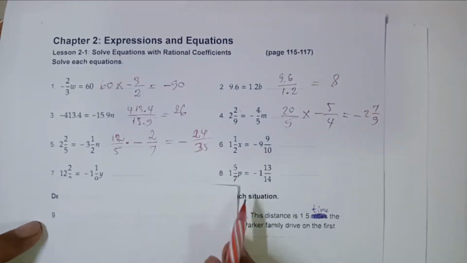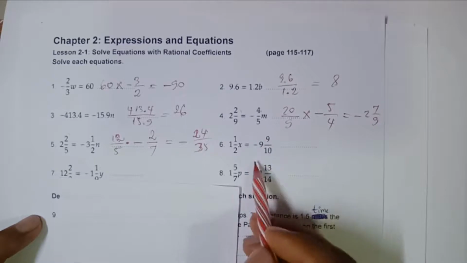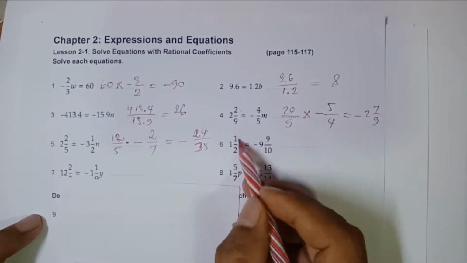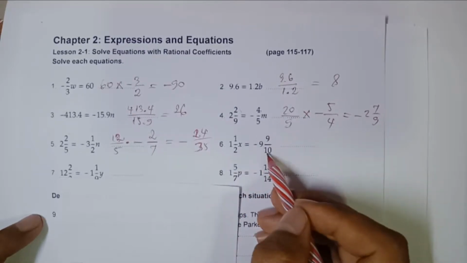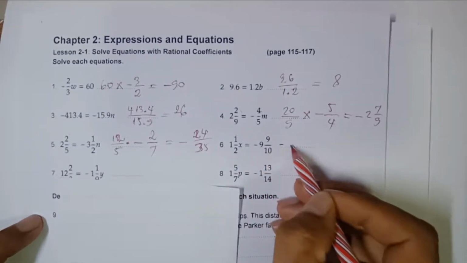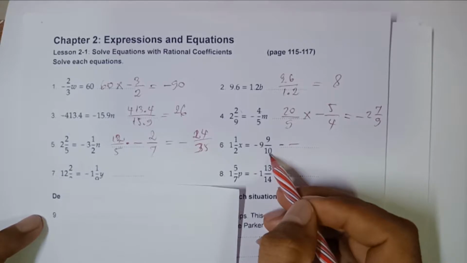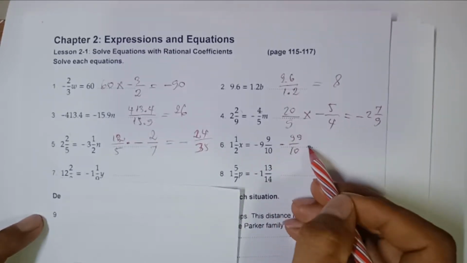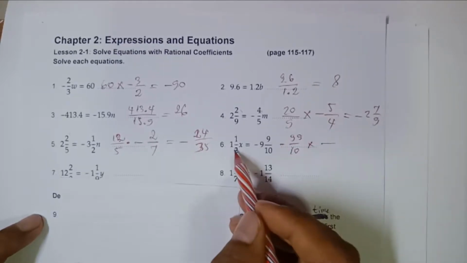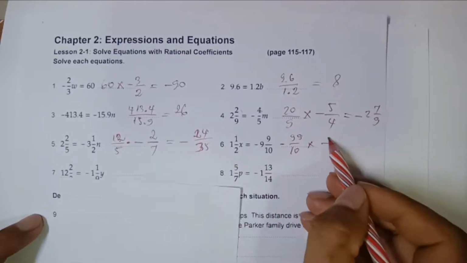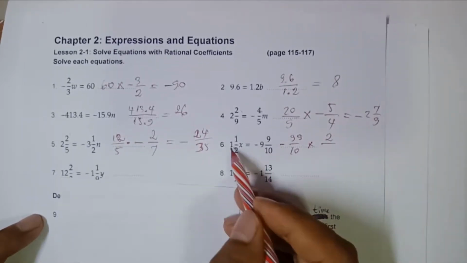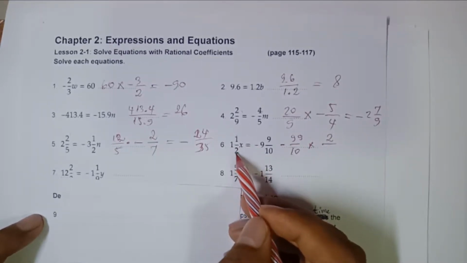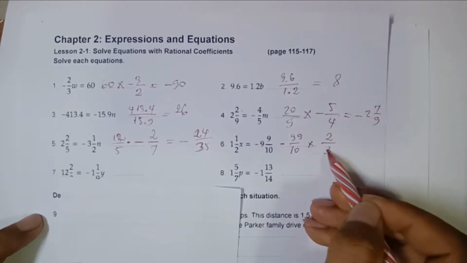This one will give you a negative as well, but work with this part first, because right now the coefficient is on the left hand side. So you work on this first. 9 times 10, 90. 90 plus 9, you got 99 over 10, and you multiply by the inverse of this one. You put the denominator 2 first up here, and then work on the numerator. 1 times 2, 2. 2 plus 1 gives 3.